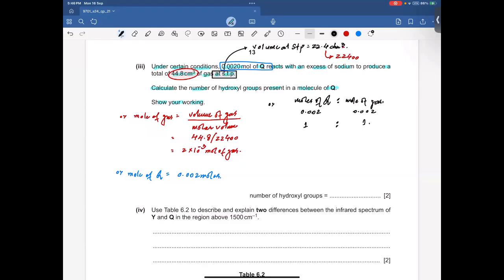That means 1 mole of Q is giving you 1 mole of gas.